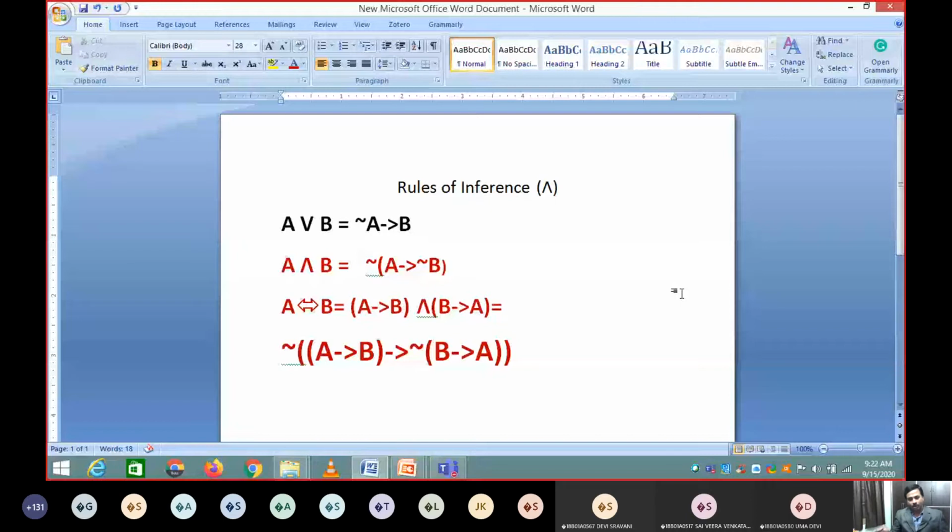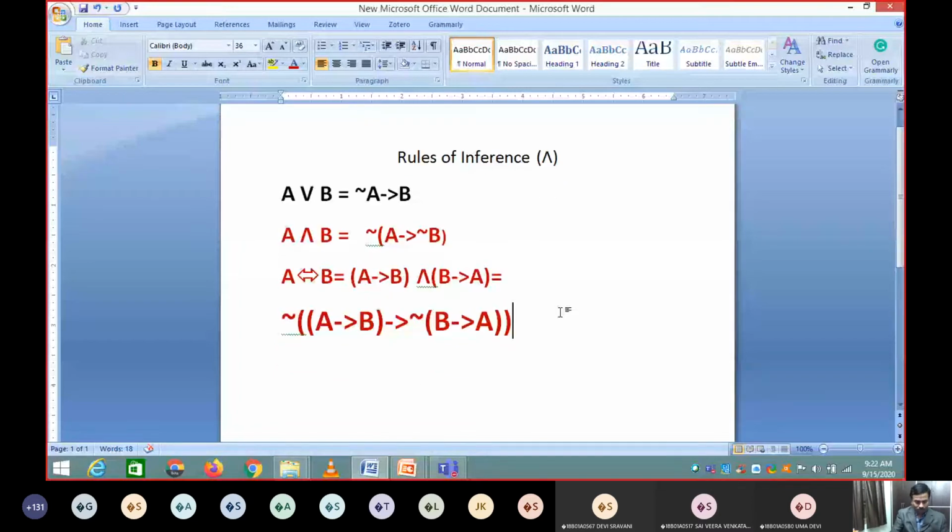Okay. So my intention is that if somebody asks you about the axiomatic system, you need to tell which symbols are accepted and which symbols are rejected. I also said only one inference rule is there. Yesterday we did this problem.